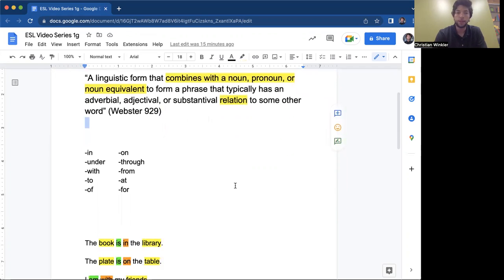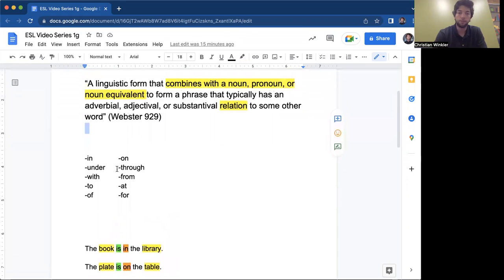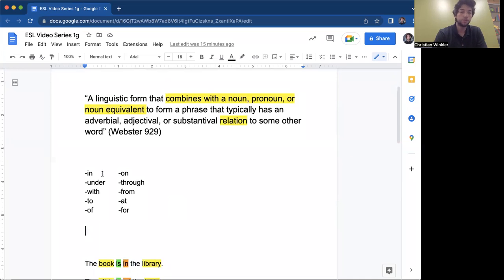So let's go and look at some examples of prepositions, and then we'll look at some examples of prepositions in sentences. So our examples are in, on, under, through, with, from, to, at, of, and for.